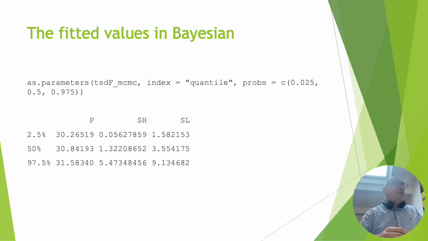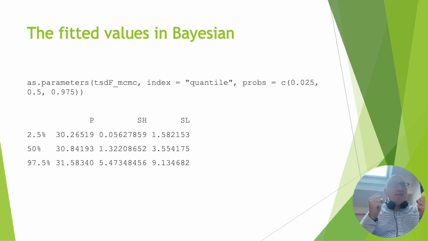You have 99% of chance that P is between 30.2 to 31.6. But SH is not very well known. It is between 0 and 5.5, and SL also is not very well known. It is between 1.5 and 9. So it is not very good.